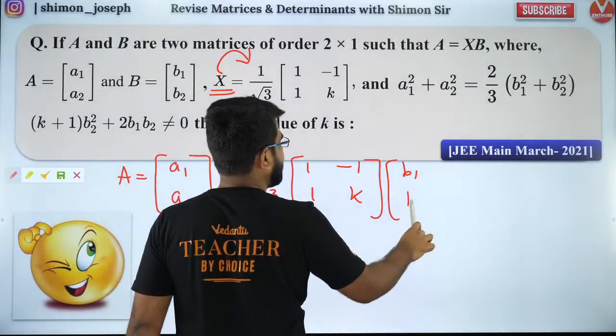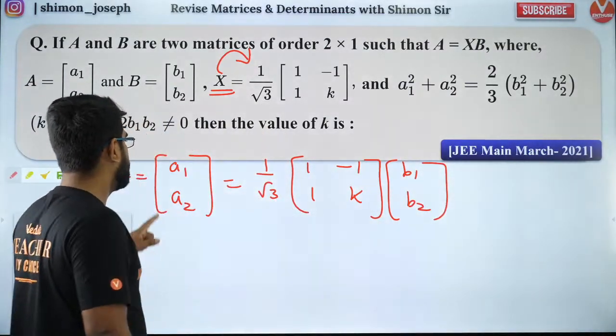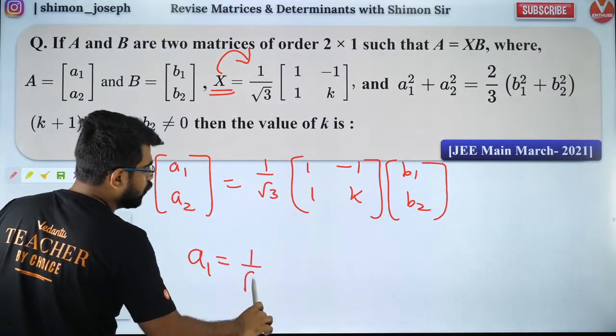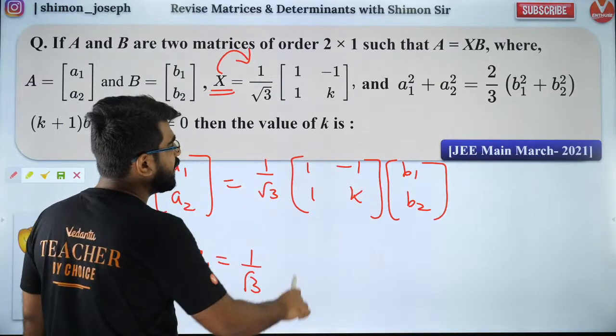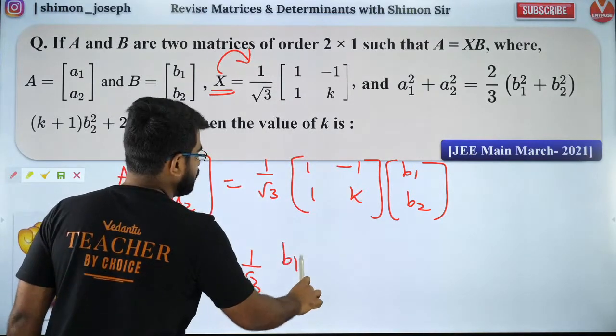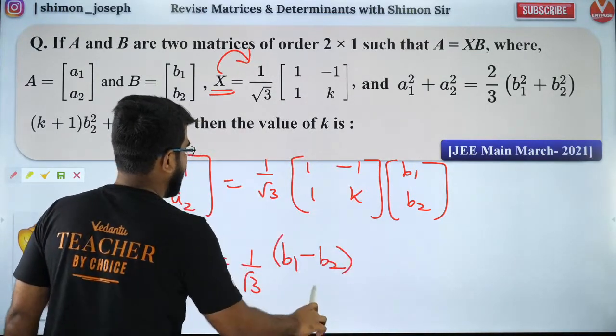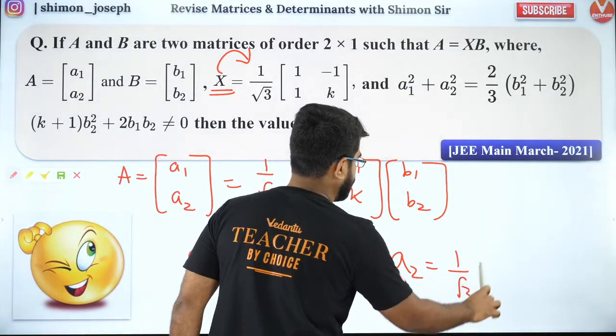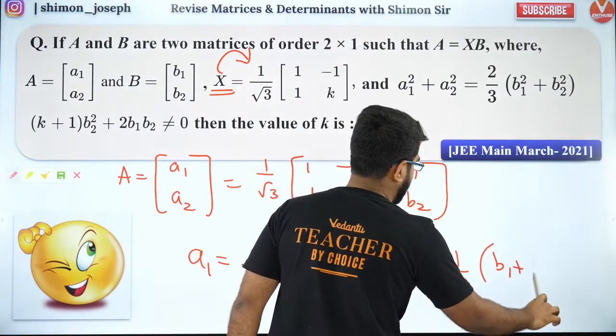So I can write it like this. If I open it, I will get A1 is equal to 1 by root 3 times B1 minus B2. And A2 is equal to 1 by root 3 times B1 plus K B2.